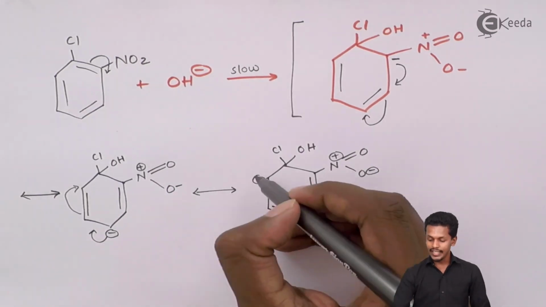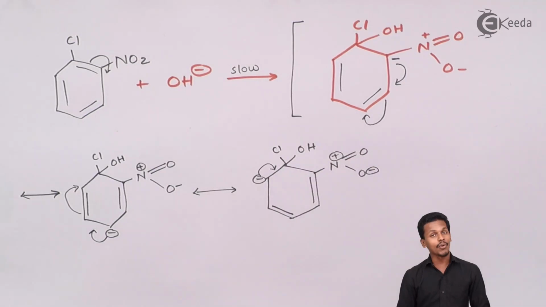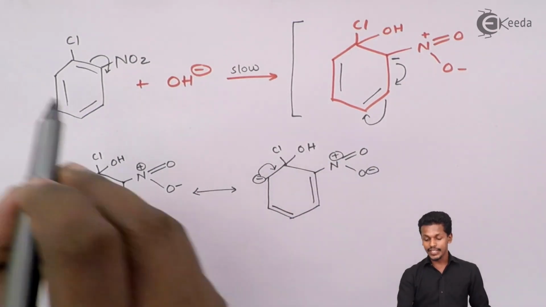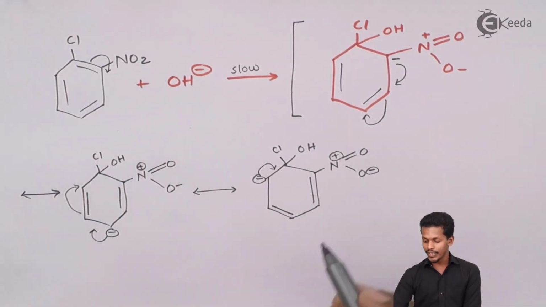And again, suppose this will ultimately shift on this bond, meanwhile here basically Cl was present, and therefore we have to give a substitution action. So therefore these are the resonating structures that we have got over here.